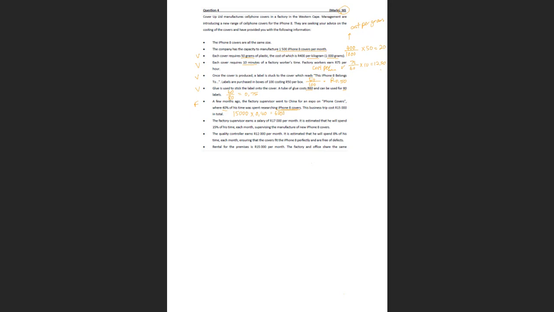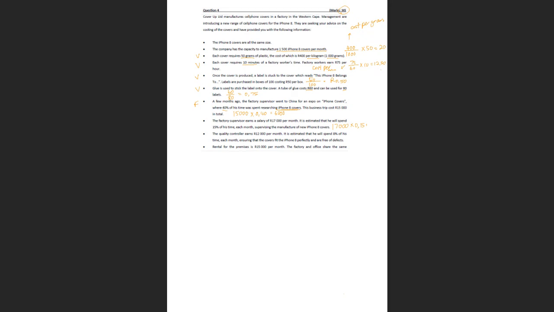Then the next one is the factory supervisor's salary. He earns 17,000 Rand a month. But again, here it's estimated that he will spend 15% of his time each day supervising the manufacturing of the iPhone cover. So again, we're not concerned with the entire 17,000 Rand. It's only the percentage of his day that is spent on the iPhone covers itself.